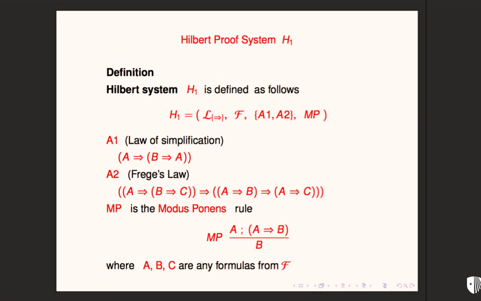And of course, A, B are any formulas, so they can be as complex as you want. And the other is A implies B implies A. And you have the modus ponens rule, which says if we have A and A implies B, we can deduce B.